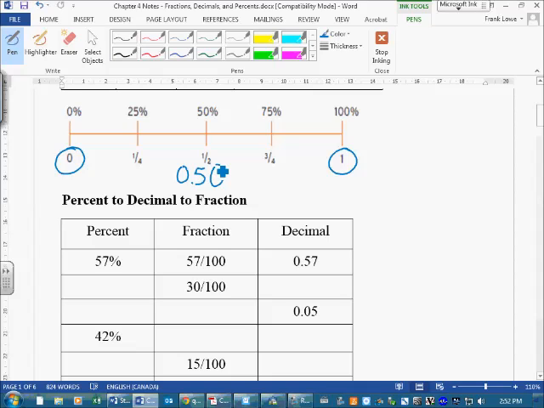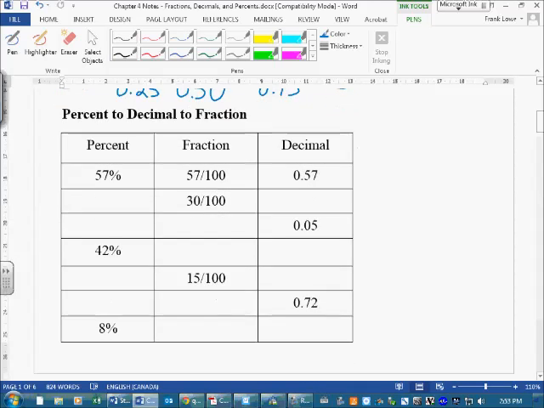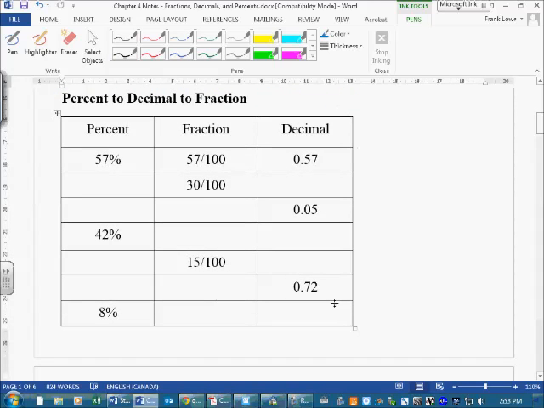Okay, it's the same as 50%. Or 1/2. 1/4 or 25%, that is 0 and 25 hundredths. And 75% or 3/4, that's 0 and 75 hundredths. Okay, interchangeable.